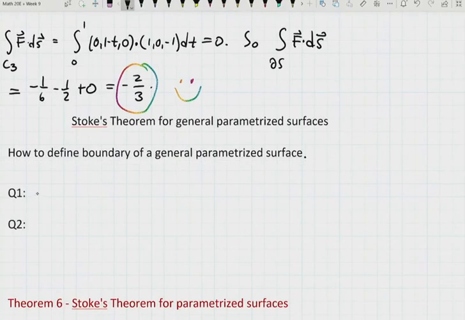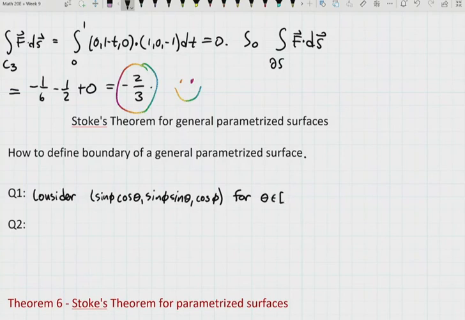So consider the shape sine phi cos theta, sine phi sine theta, cos phi, for let's say theta in 0 to pi and phi in 0 to pi.